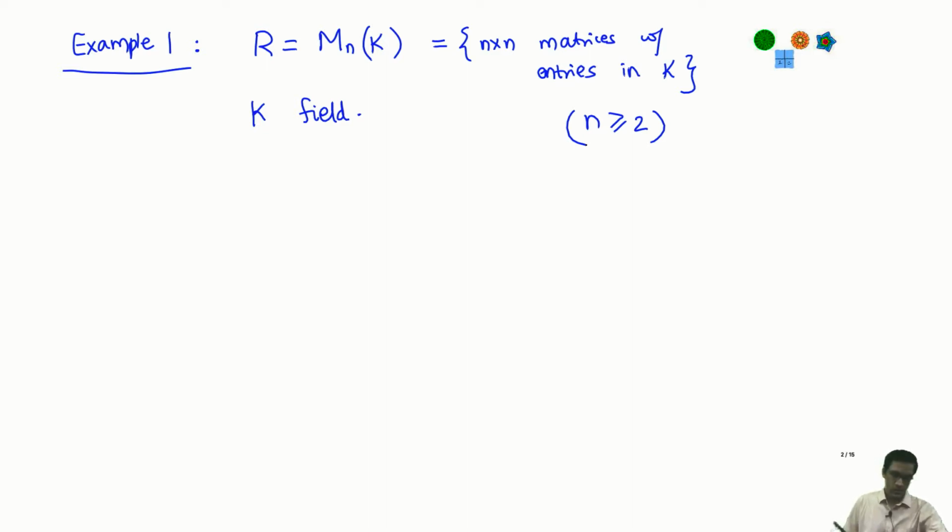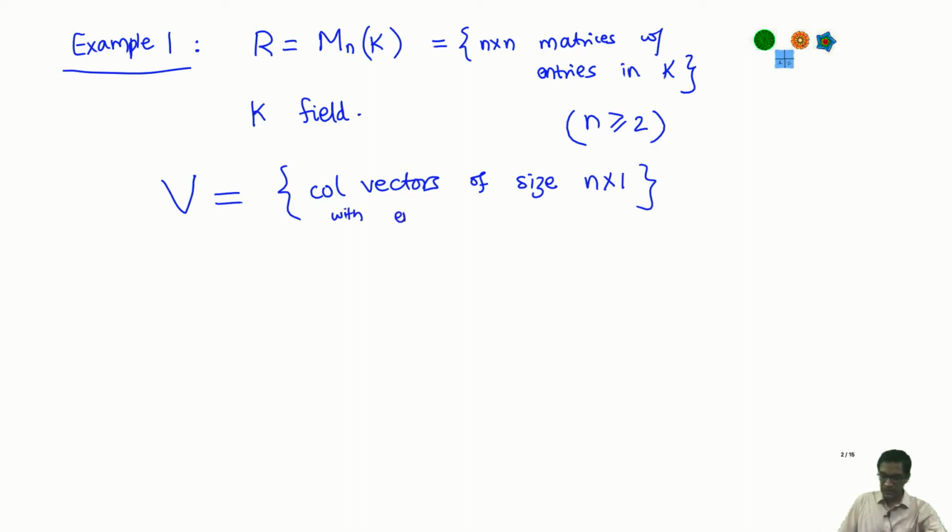And let me give you some examples of modules. So here V is the set of all column vectors of size n cross 1, still with entries in the base field K. So what are column vectors?